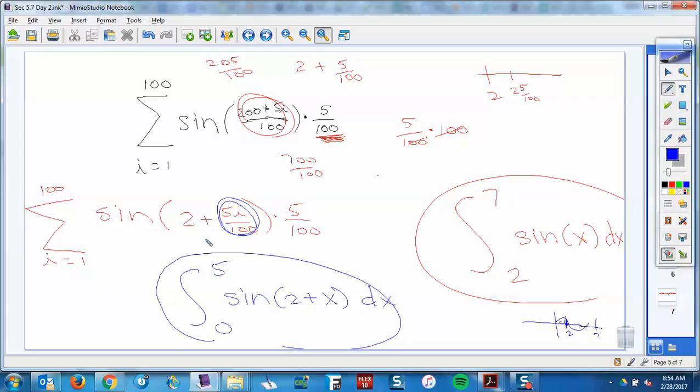Okay, well, in the packet, remember that multiple choice problem I showed you the other day? When you're doing the AP test, you're doing multiple choice. You might work out this sigma and come up with this, but they don't have that as one of your choices. They have this as one of your choices. See what I mean? So you've got to understand that this is the same as that, right?